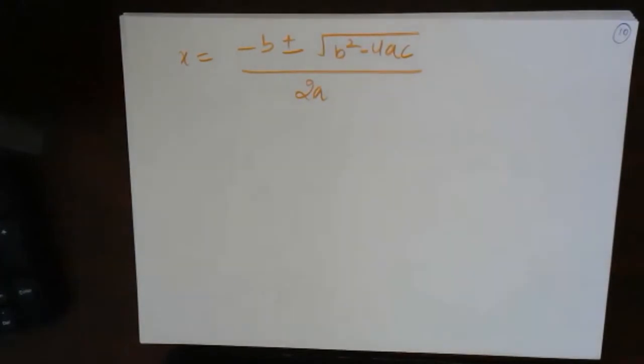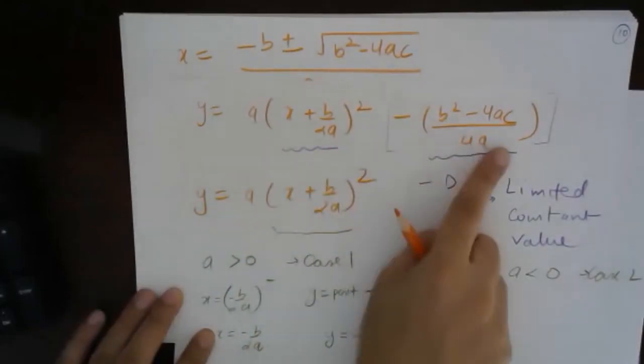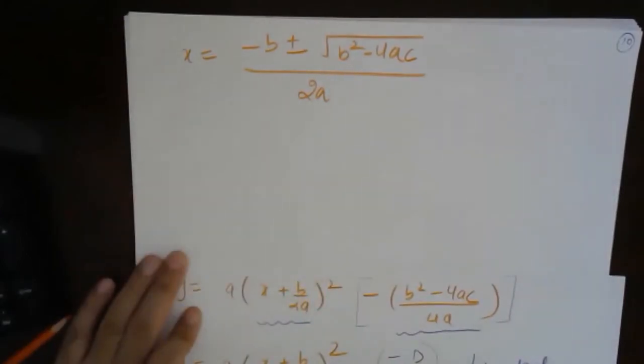See, we were having this: y is equal to a into x plus b by 2a whole square minus b square minus 4ac by 4a. I will write it once again.